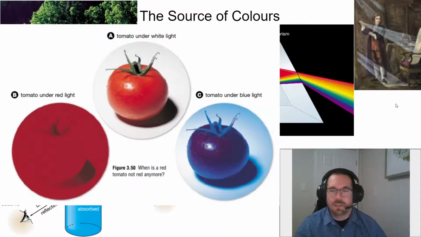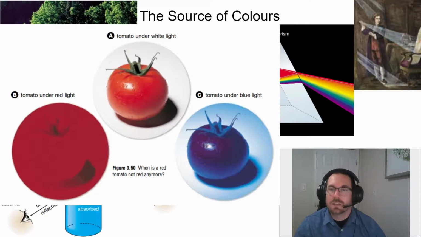We have a pretty interesting example here. A tomato under white light, the top middle one there, looks red. And the reason for that is because it is reflecting only red light to our eyes. But what happens to all the other colors if only red light is reflected?